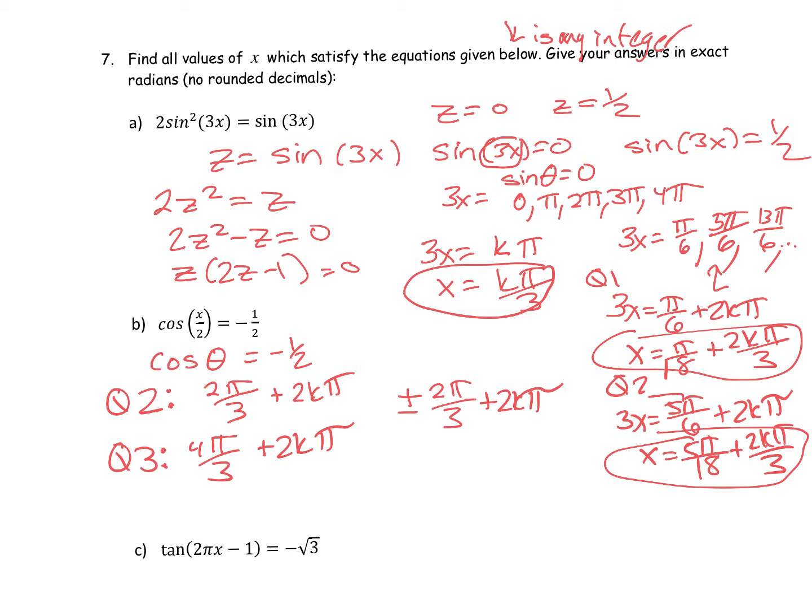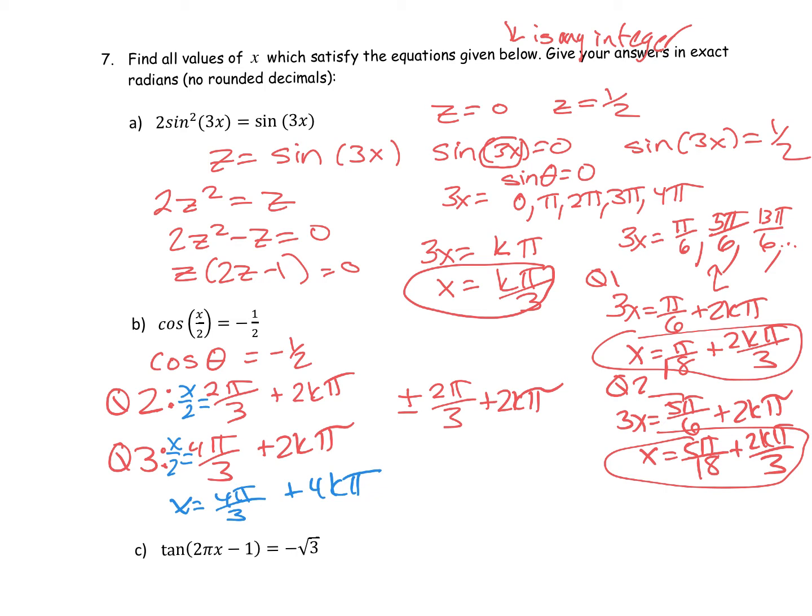And okay, so actually I'm getting ahead of myself. That was just what theta is, or what x over 2 is. So we're not quite done here. So we've got x over 2 equals this. And now solving for x, I'm just going to multiply everything on the right by 2. So I'm going to have x equals 4 pi over 3 plus 4k pi.